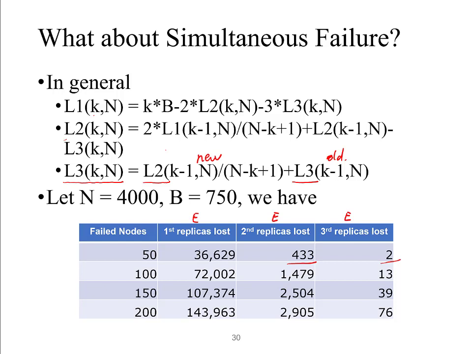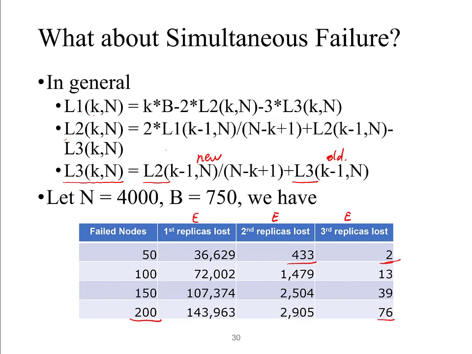The idea is basically, when you have 3 replicas for each block and 50 nodes failed, you would only lose 2 blocks. Even if 200 nodes failed, you would only lose 76 blocks. But if you only use 2, okay, here the number is not accurate.